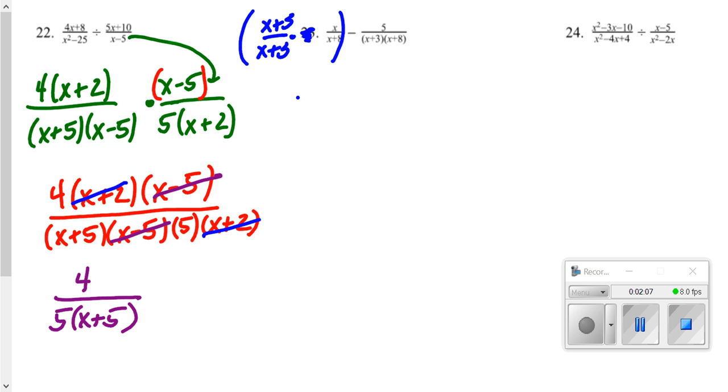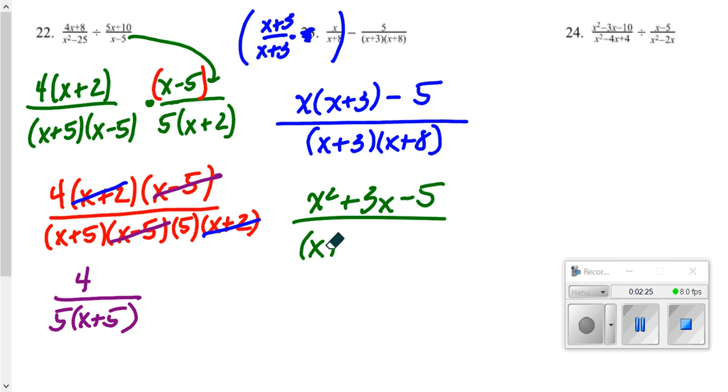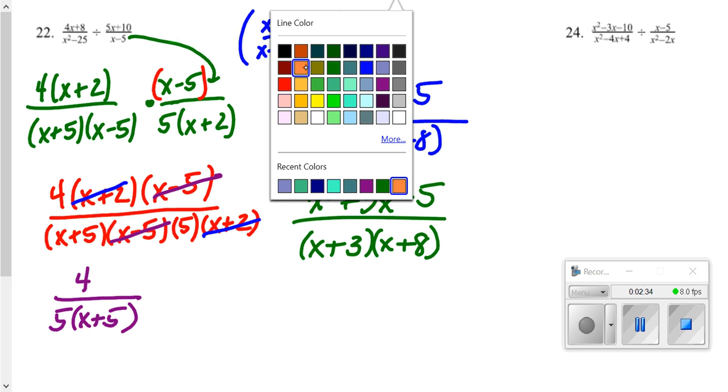So that together is x plus 3 minus the 5 with a common denominator of x plus 3 and x plus 8 multiplied together. Then if I distribute, I have this lovely thing. And that top part does not factor, so I know I'm not going to be able to find common factors if there aren't any factors in the first place.